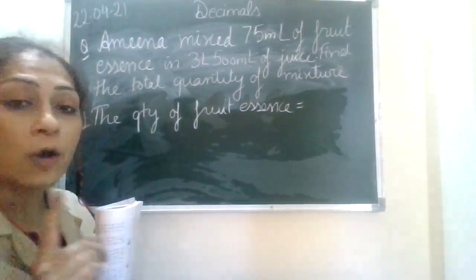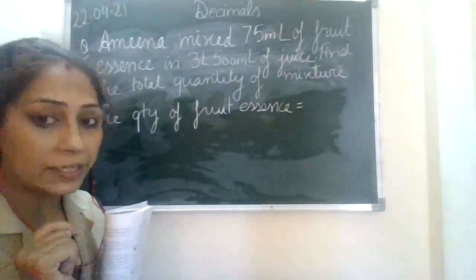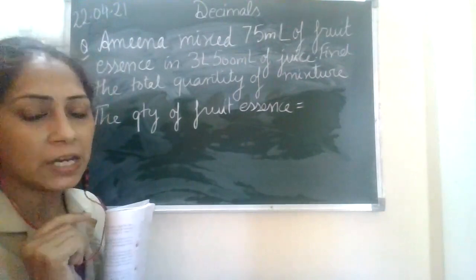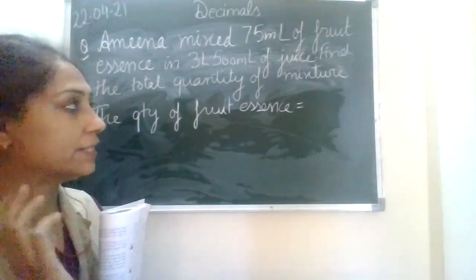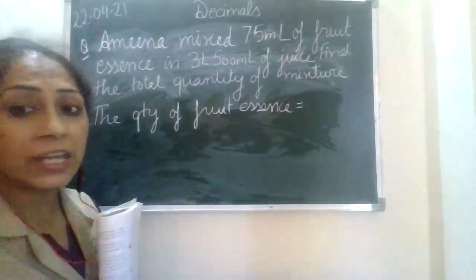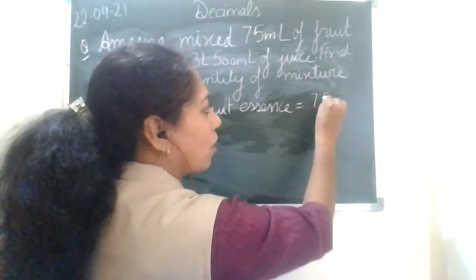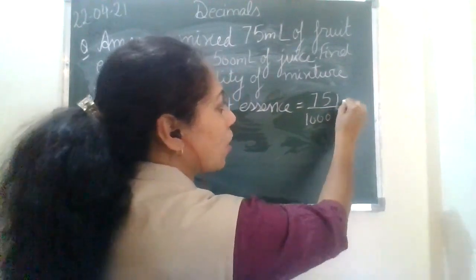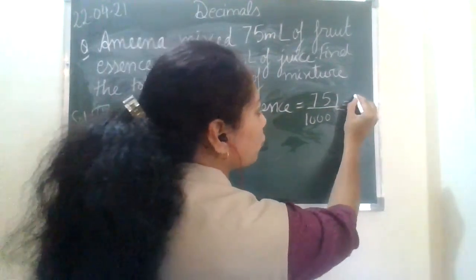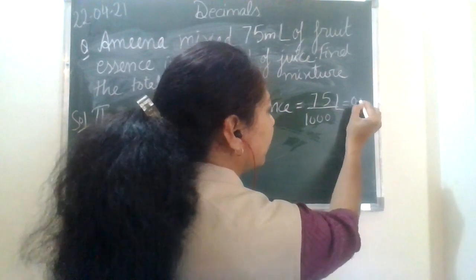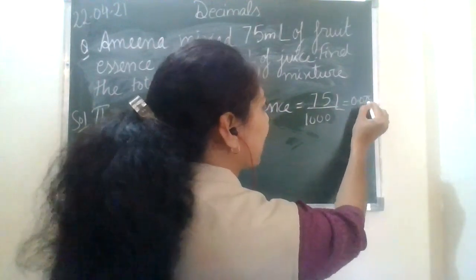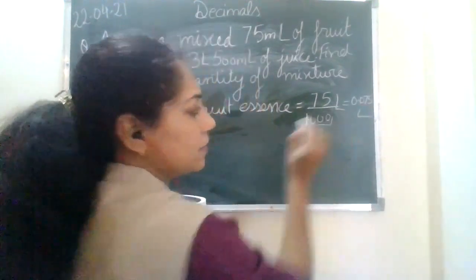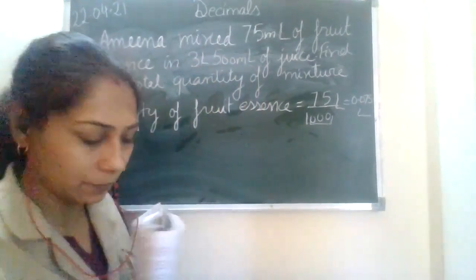I told you 1000 ml is equal to 1 liter. 1 ml equals 1/1000 liters. 75 ml equals 75 upon 1000 liters, or in decimal form, 0.075 liters. Three zeros are there, so accordingly I have written.